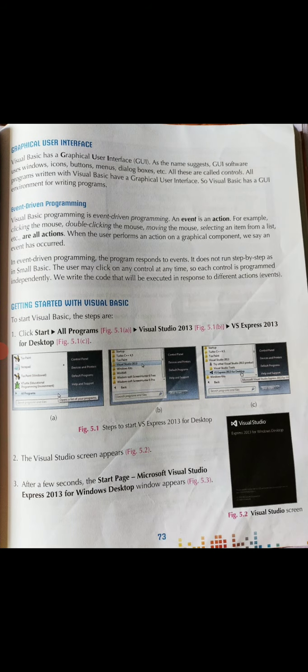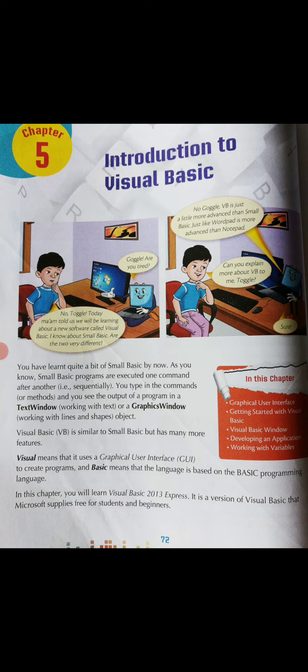So students, now you take out your computer copies. I'll give you some answers regarding my explanation. Take it out fast. You are going to write on a fresh page of your computer copy because it's a new chapter.